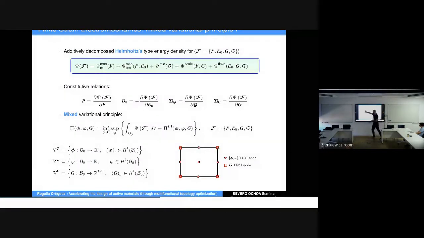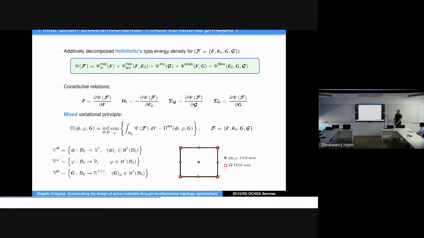Okay, and now you can see the constitutive equations. In addition to the two that I presented before, you have two extra ones, and you can see the word conjugacy here. The way we formulated this was through a mixed formulation, because I come from mixed variational principles like you saw before. I didn't want to implement C1 formulations, so I wanted to stick to C0.